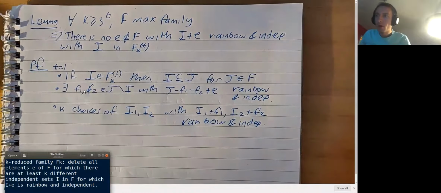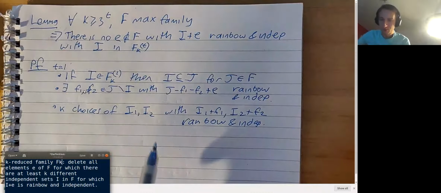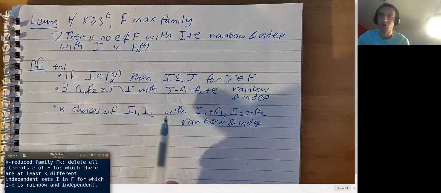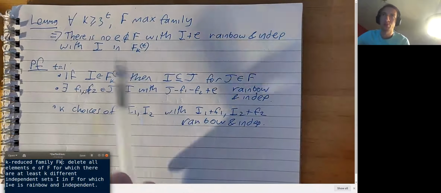Okay. So let me now draw a picture of how you will now get a contradiction to maximality.